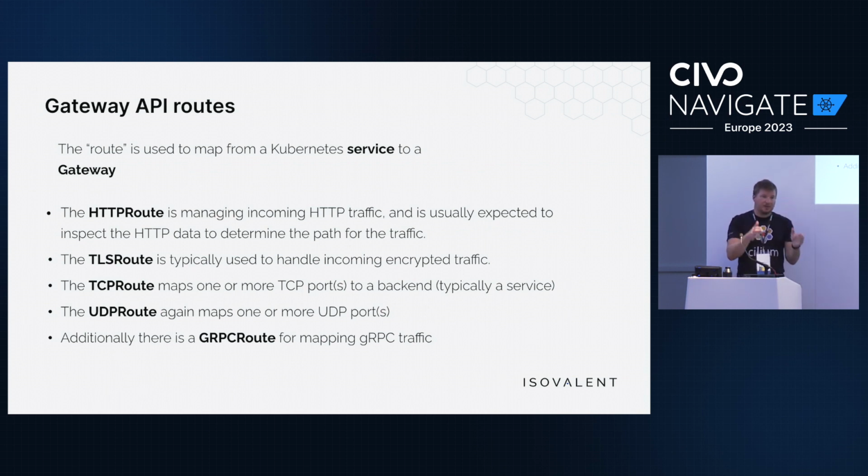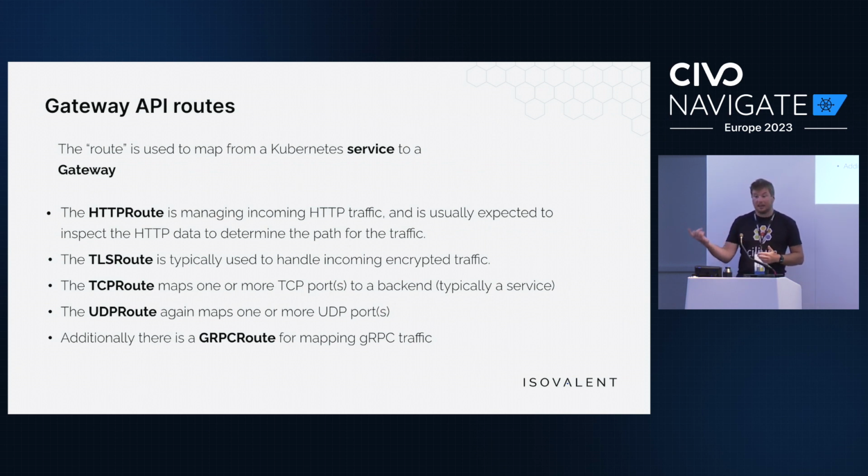Gateway API's initial implementation is largely focused on clearing up the ingress mess, which has occurred naturally through evolution. So the HTTP route is the most obvious route of the Gateway API routes. It is effectively in charge of managing incoming HTTP traffic. It's layer 7 focused, so it will look up the route that you've actually had in there, and then send traffic to what is defined as a backend on that route itself.